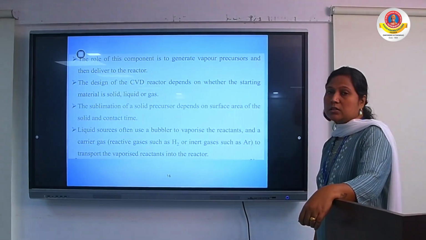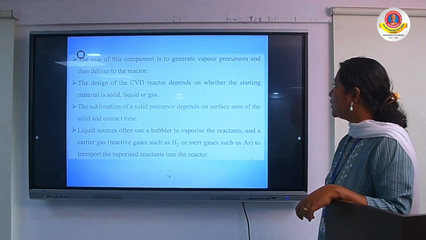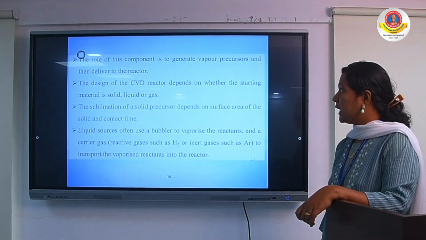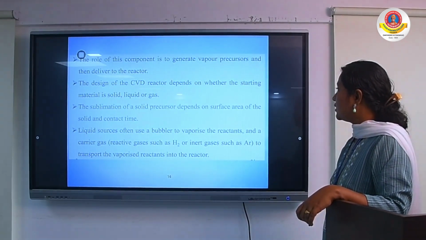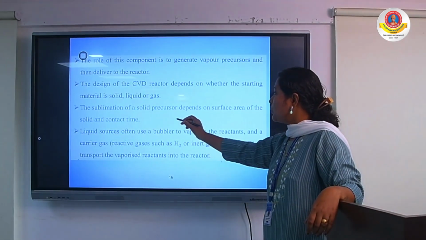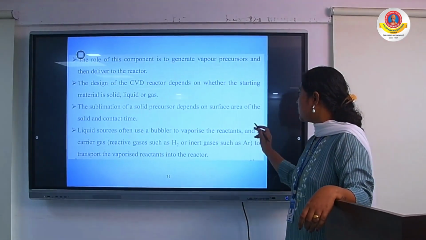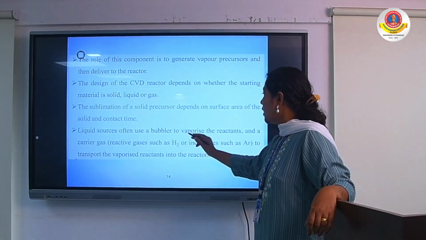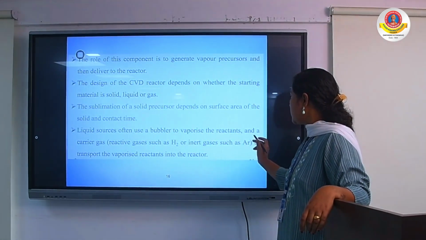The role of this component is to generate vapor precursor and then deliver it to the reactor. The design of the CVD reactor depends on whether the starting material is solid, liquid or gas. The sublimation of a solid precursor depends on the surface area of the solid and contact time. Liquid sources often use a bubbler to vaporize the reactant.